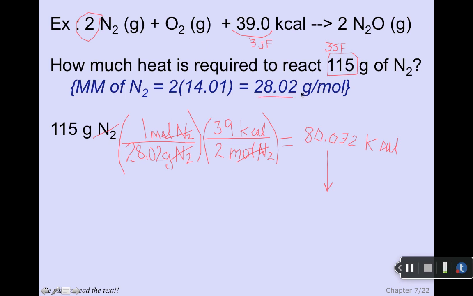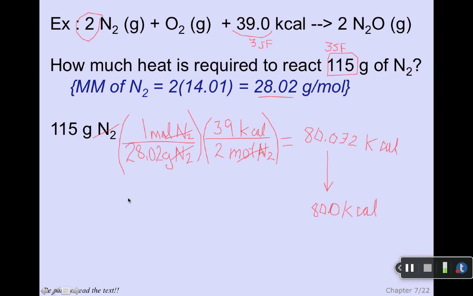The number of digits on your molar mass should be at least as many as you're given in the question, so 4 digits there is good. So reporting this value to 3 sig figs, not too tricky this time, is 80.0 kilocalories.